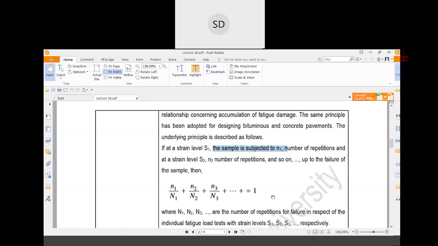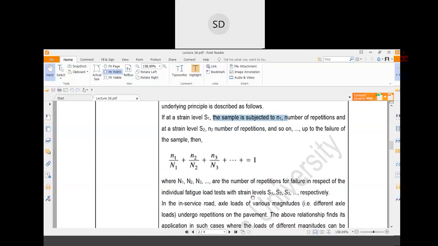In that case, n1 divided by capital N1 plus n2 divided by capital N2 plus n3 divided by capital N3, up to infinity, would be equal to 1. Where capital N1, N2, and N3 are the number of repetitions for failure in respect of the individual fatigue load test with strain levels S1, S2, and S3 respectively.